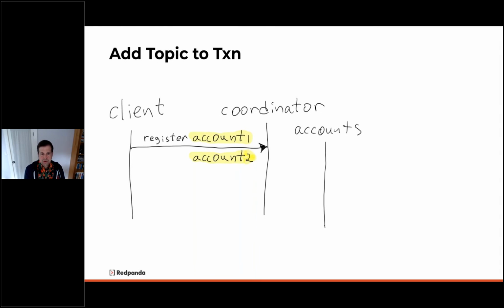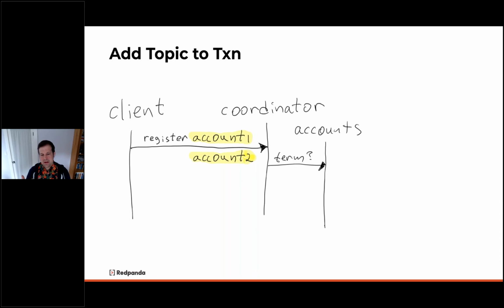So with this approach, it looks slightly different. We start our transaction. We talk to the coordinator about the two different topics that we want to talk about, account 1 and account 2. We check the term. So what is this? The term is that we are checking what the latest offset or ID is within those topics, so that we can understand where the state of those accounts is at.